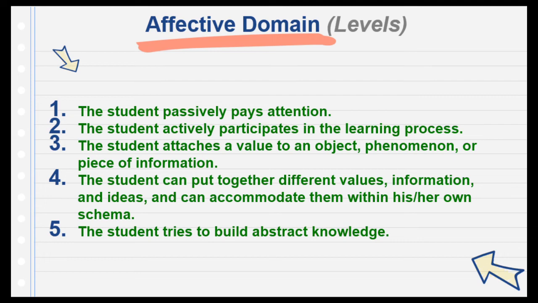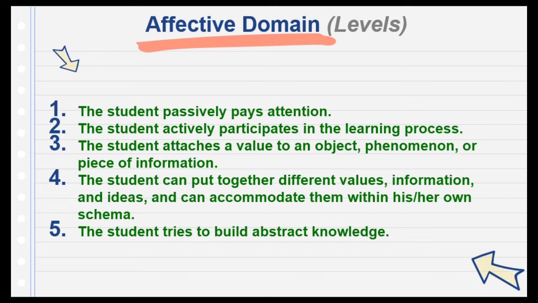The student actively participates in the learning process, not only attends to a stimulus, the student also reacts in some way. The student attaches a value to an object, phenomenon, or piece of information. The student associates a value or some values to the knowledge that they acquired.